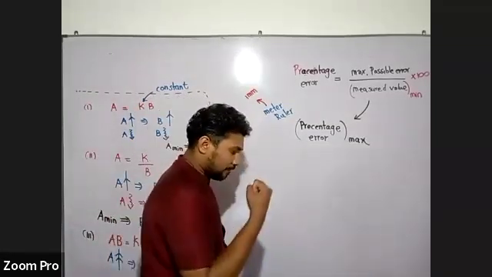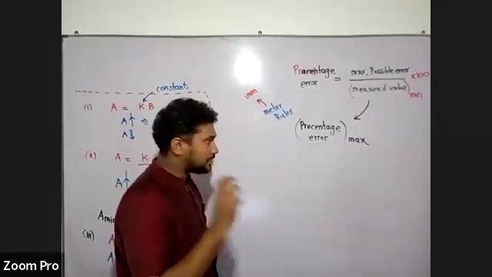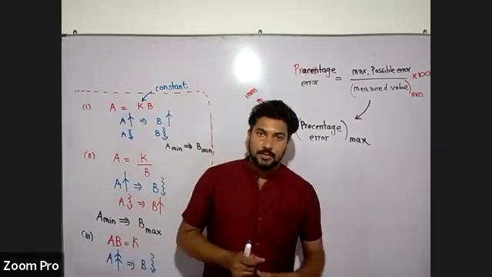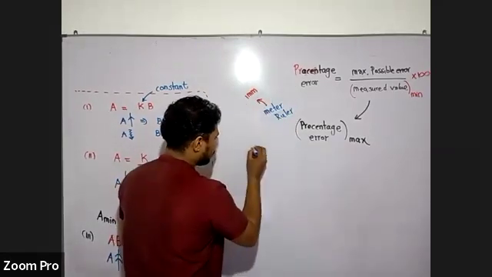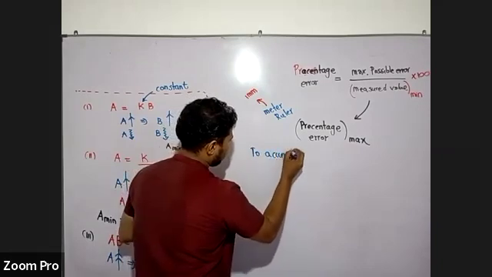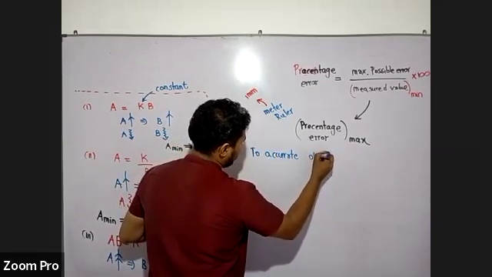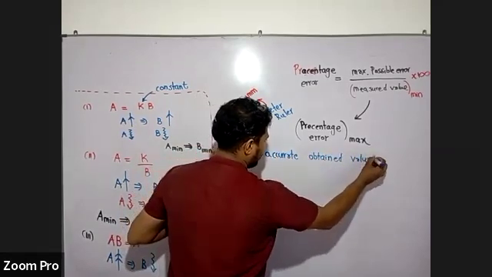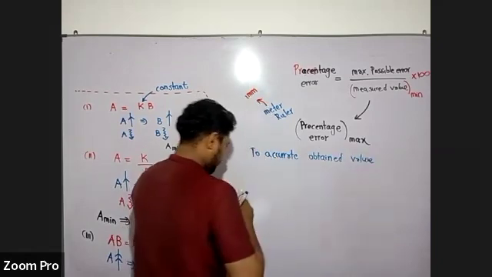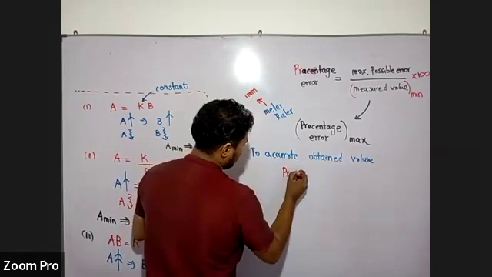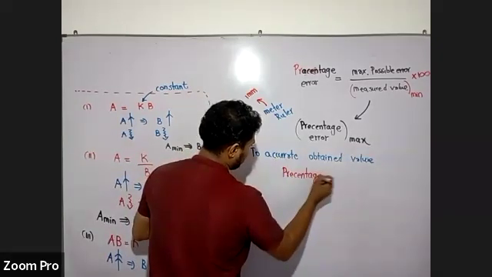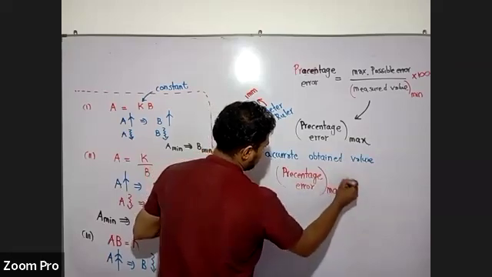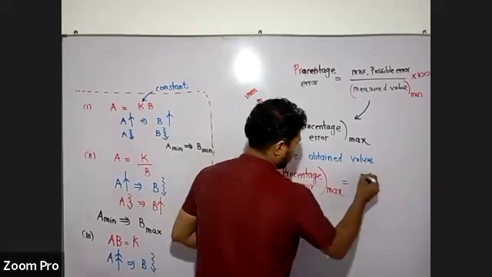What is the value which can be taken as the maximum percentage error to obtain an accurate value? To obtain an accurate value, we know that the maximum percentage error is equal to 1.